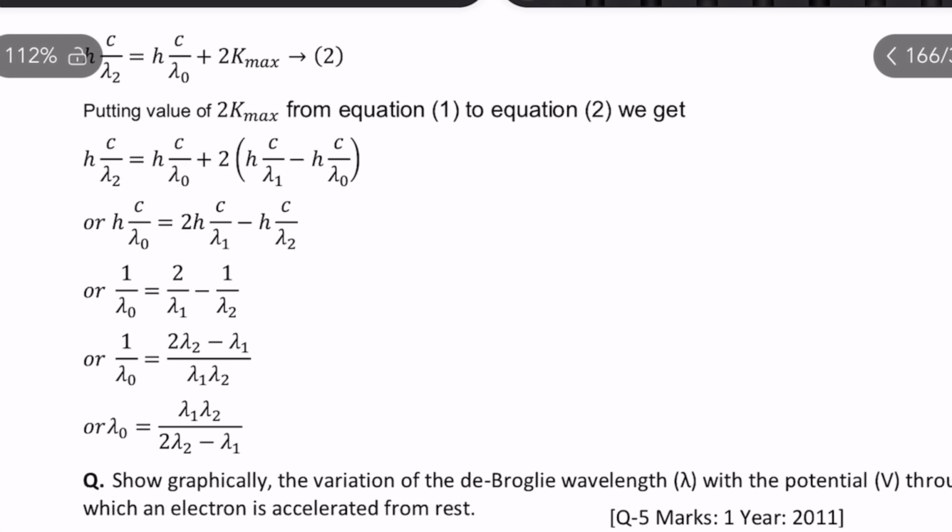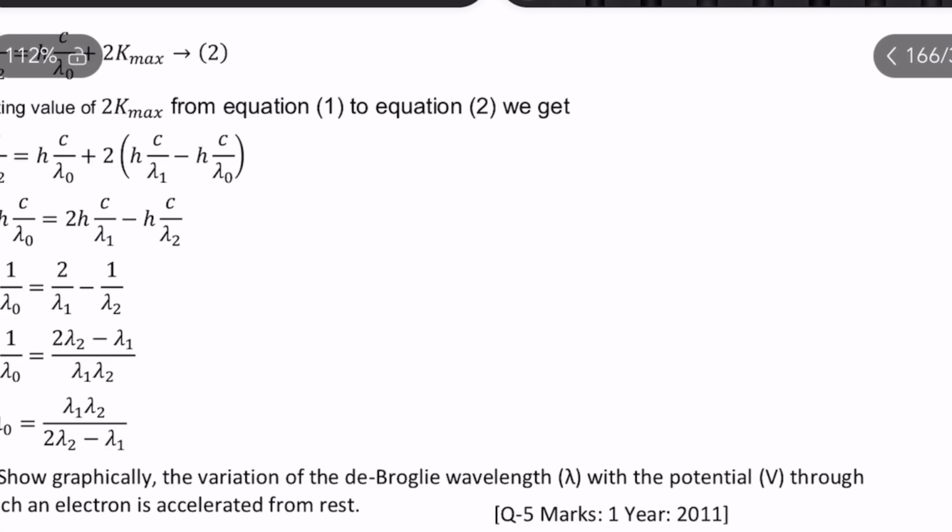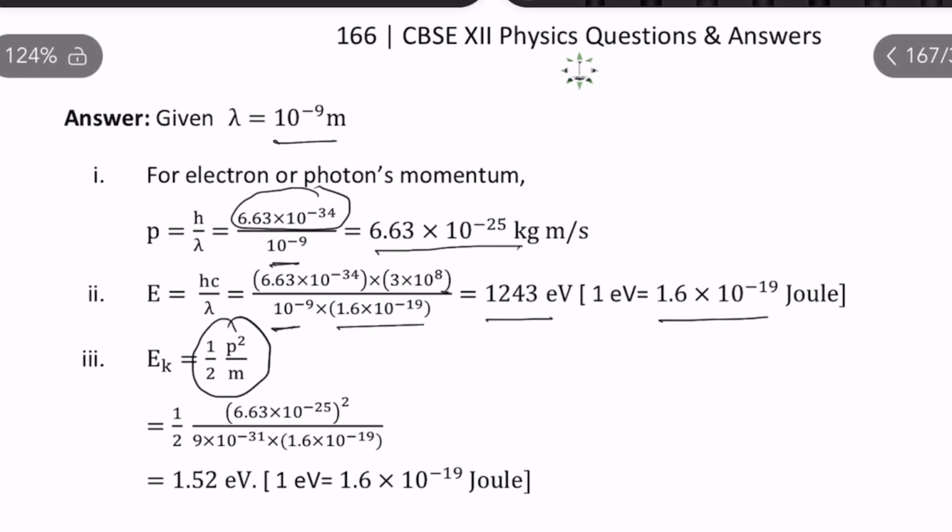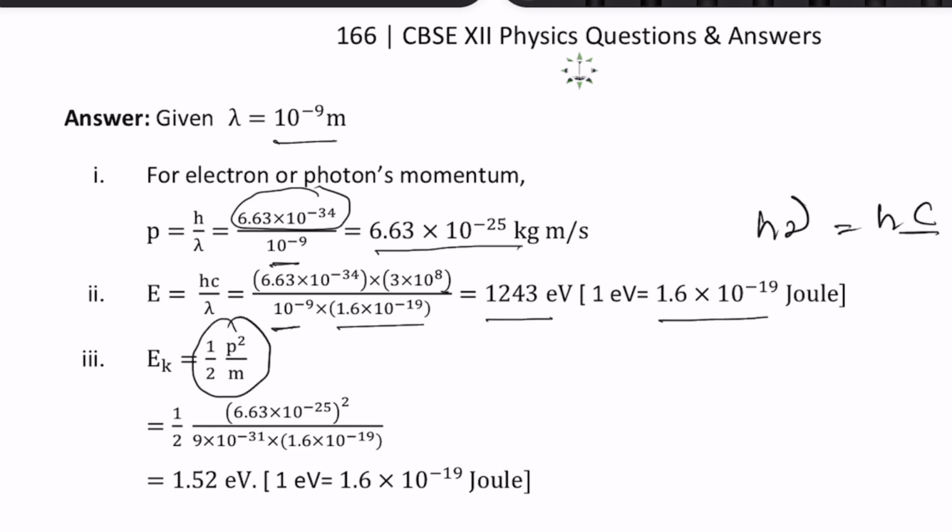For the photon, energy is h nu, and h nu is hc by lambda. The rest mass of the photon is 0, which is why we calculated energy in this way. But for the electron we have p square by 2m.